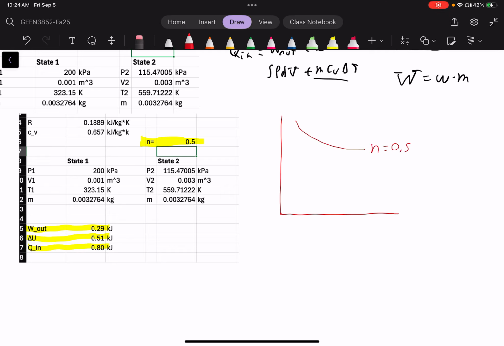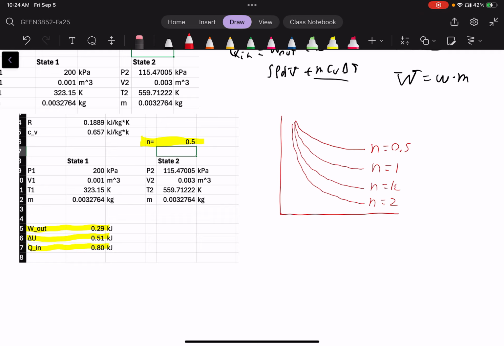That should be my highest value of work. And I expect as I go to an isothermal process at n equals 1, then to an adiabatic process at n equals k, and then to another process at n equals 2.